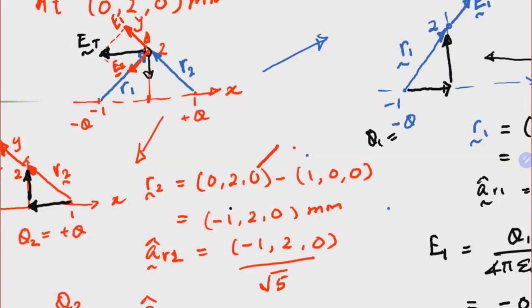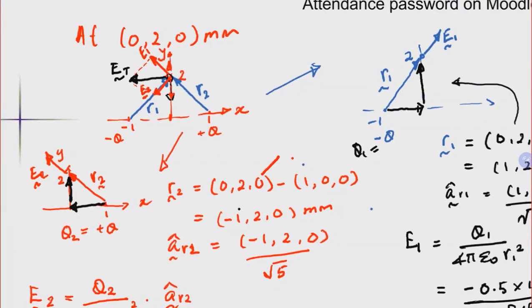And the y component, we have one going up and one going down of the same magnitude, and they cancel out. And in this scenario, there is no z component at all. Okay.